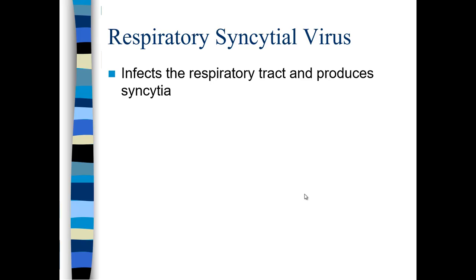Okay, RSV is respiratory syncytial virus. This is a viral infection, and it produces syncytia. Remember, those are the structures where you get multiple human cells fused together, and they are dysfunctional. They have multiple nuclei.